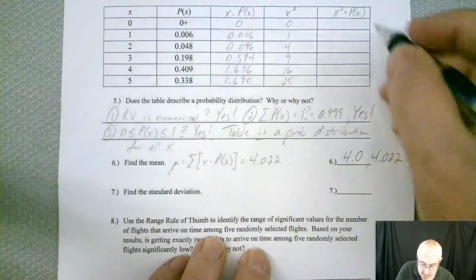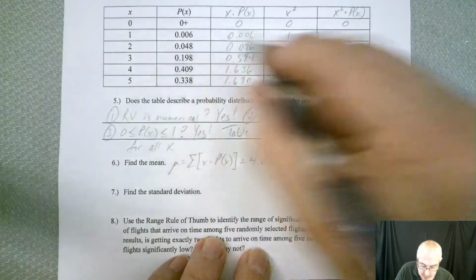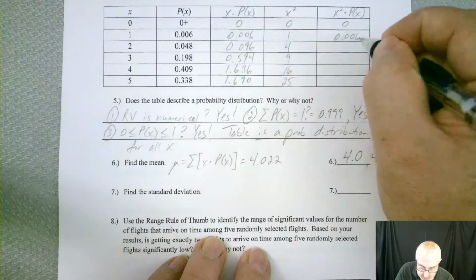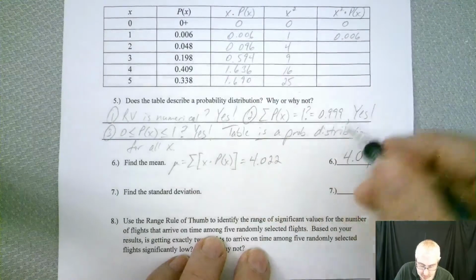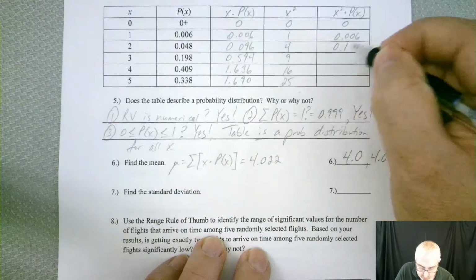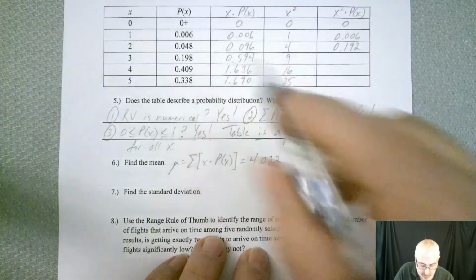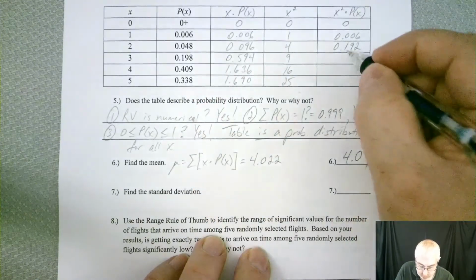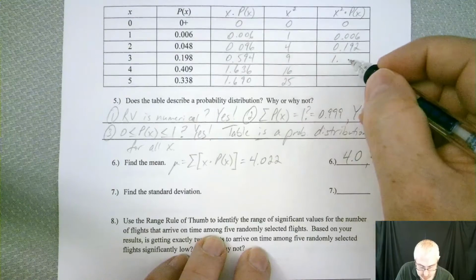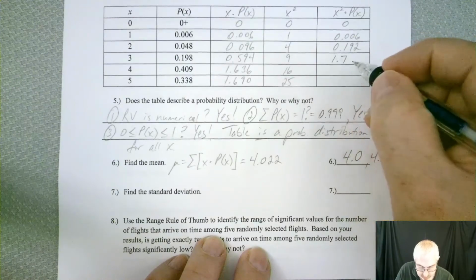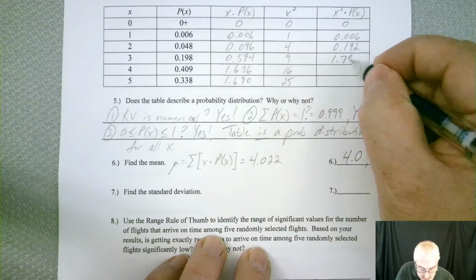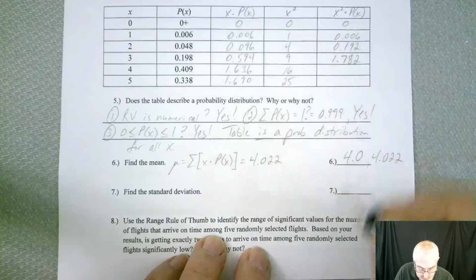Well, 0 times anything is 0. 1 times that is that. 4 times that looks like it would be 0.192. 9 times that, let's see, 1.782, I think.